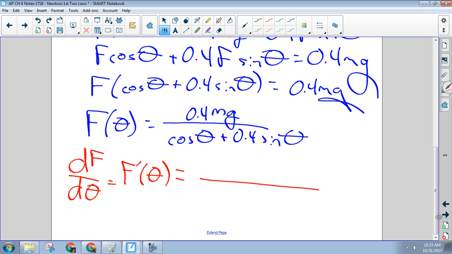The only thing is I don't remember where the negative is, but it ends up not mattering. So you're going to get the top, 0.4 mg, times the derivative of the bottom.